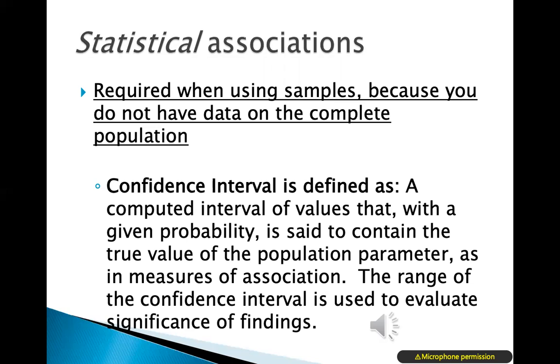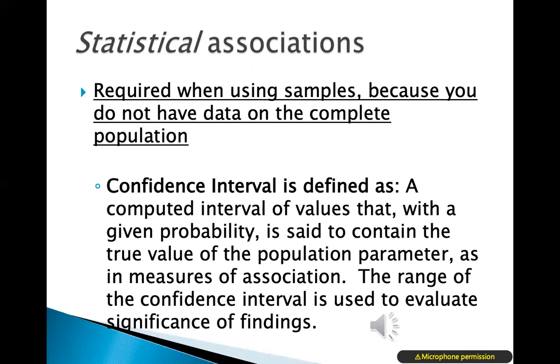But we're never 100% accurate. So what we do is we come up with an interval, and we say that if the result that we got on our sample was, for instance, 5.2, that in a total population, 95% of the time we can be confident that the true number would have been between 3.2 and 7.2.